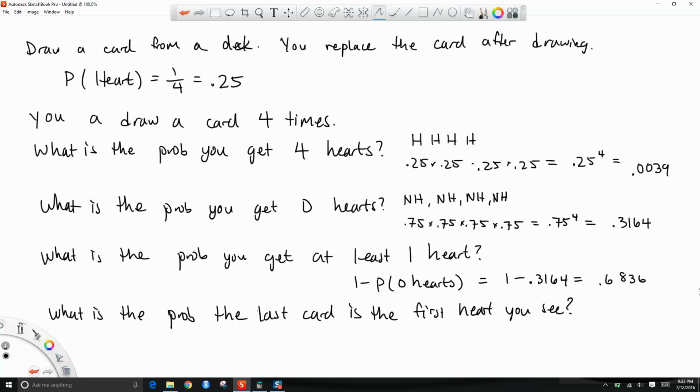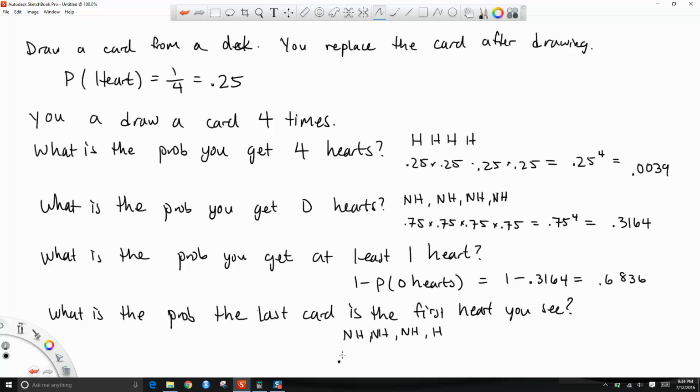And then lastly, what is the probability that the last card is the first heart you see? That means we have to go non-heart, non-heart, non-heart, and then the last card is the first heart.